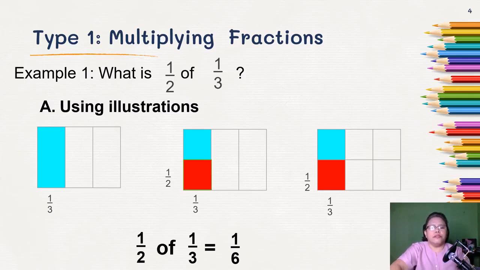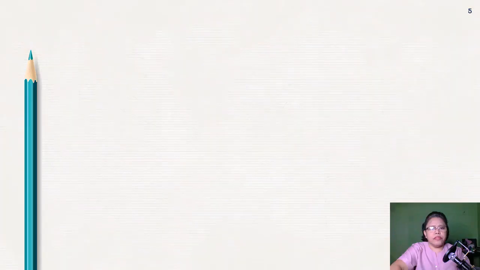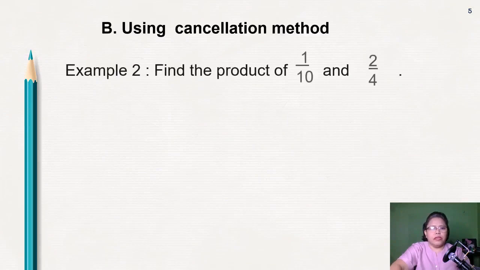Okay. So, let's try another one. Okay, so this time let's use cancellation method. So example 2, find the product of 1/10 and 2/4. So ito yung sinabi ko kanina na may mga paraan para hindi tayo umabot sa malalaking numbers. And pwede natin gamitan yan with cancellation. So paano natin gawin? So 1/10 times 2/4, di ba?